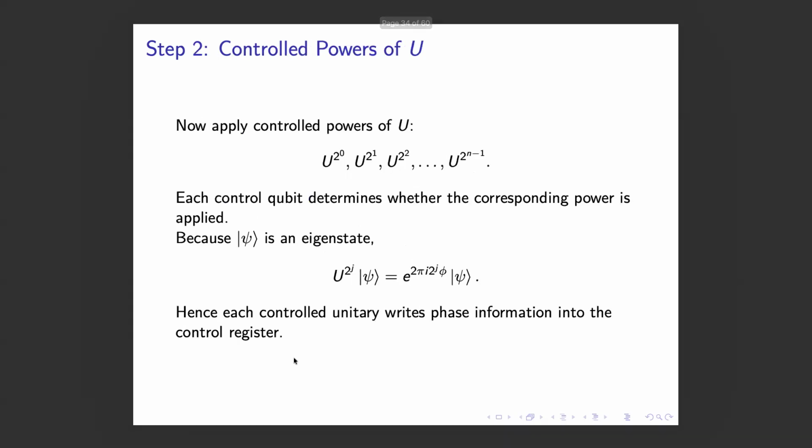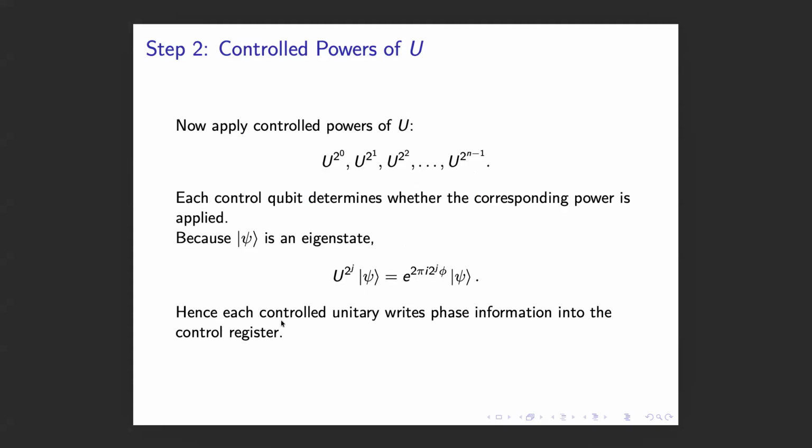Keep that in mind. Then you apply the controlled powers of this operator U, and each control qubit determines whether the corresponding power is applied. Because psi is an eigenstate of this one, and we have assumed that psi is an eigenstate of this unitary transformation, we can rewrite it like this.